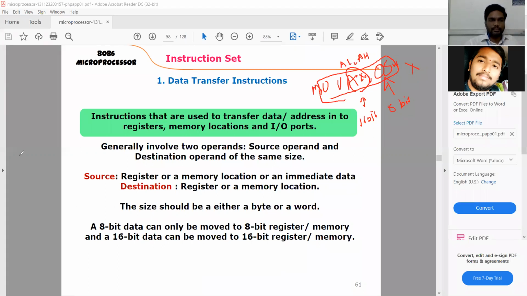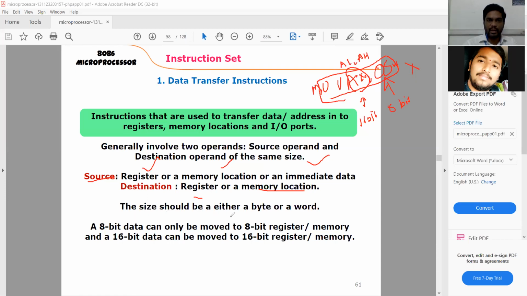What could be the sources? Either a register, a memory location, or immediate data. Similarly, destinations could be a register or a memory location. These are all the possibilities here.